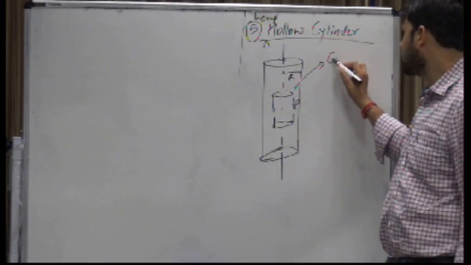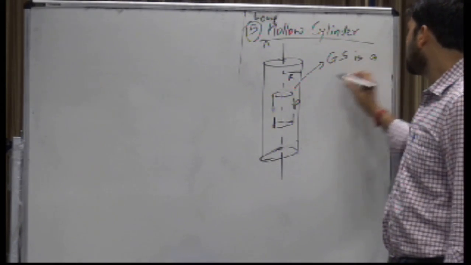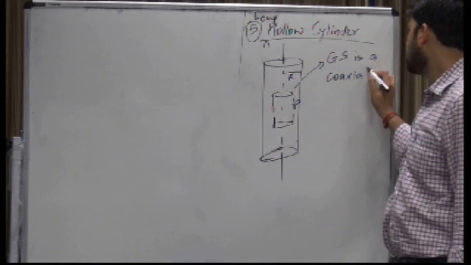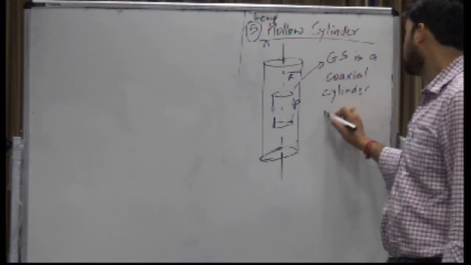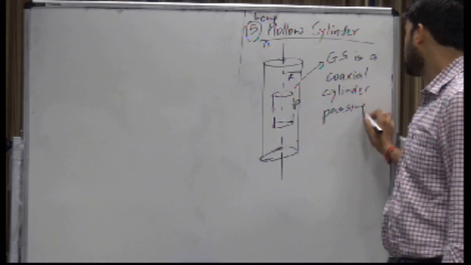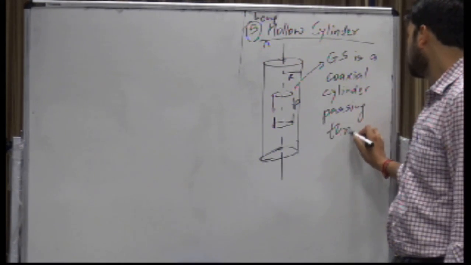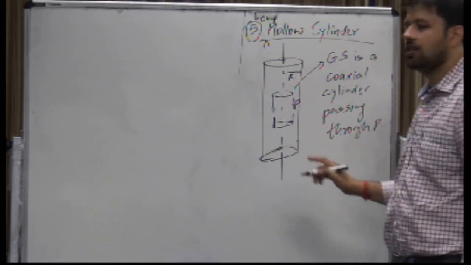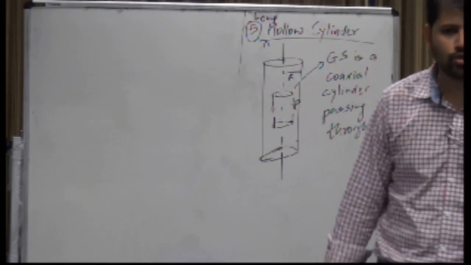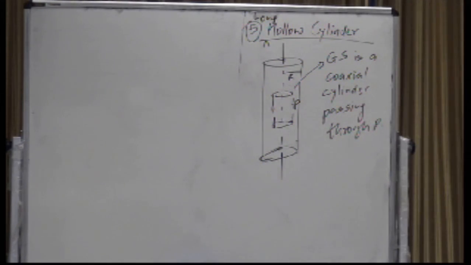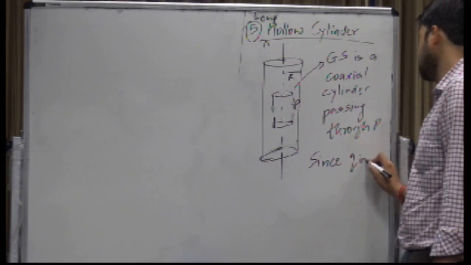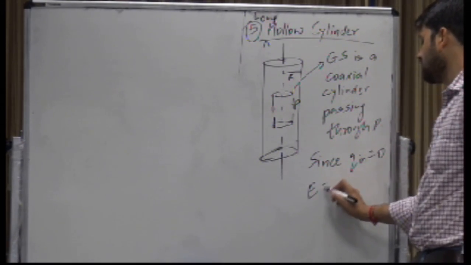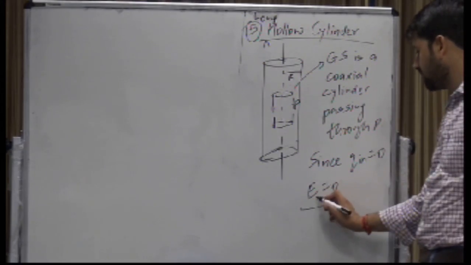So the Gaussian surface is a coaxial cylinder passing through P. But you know, as there is no charge inside, the field would be 0. Since Q inside is 0, E is 0. So E inside is 0.